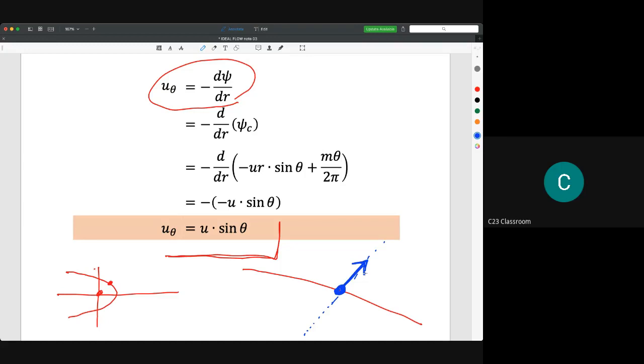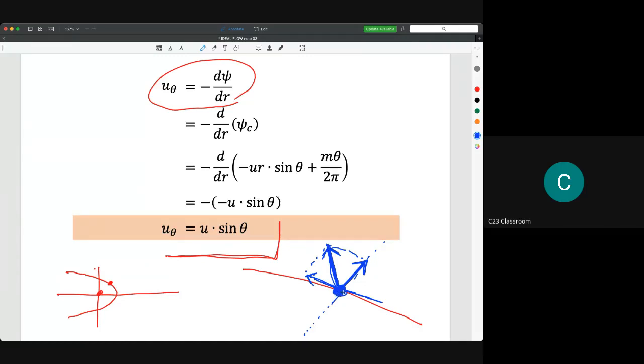And then U theta is the direction reflecting the tangent of this one. It may look like this. So this is the theta direction. If you combine these, you will have a resultant velocity which points like this. This is the resultant velocity that actually occurs at this point.